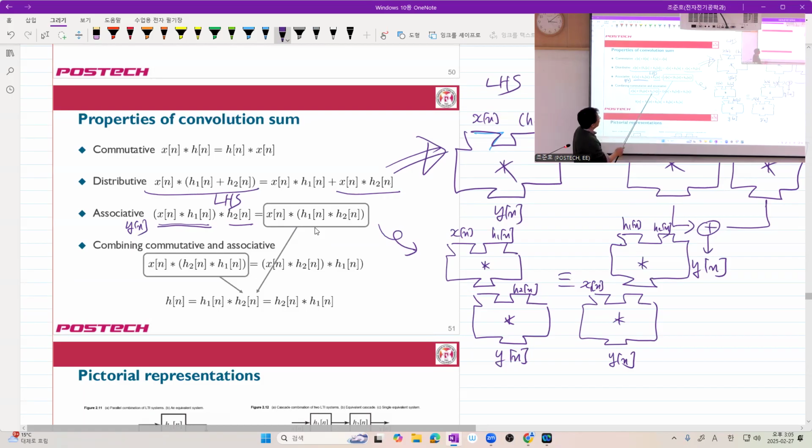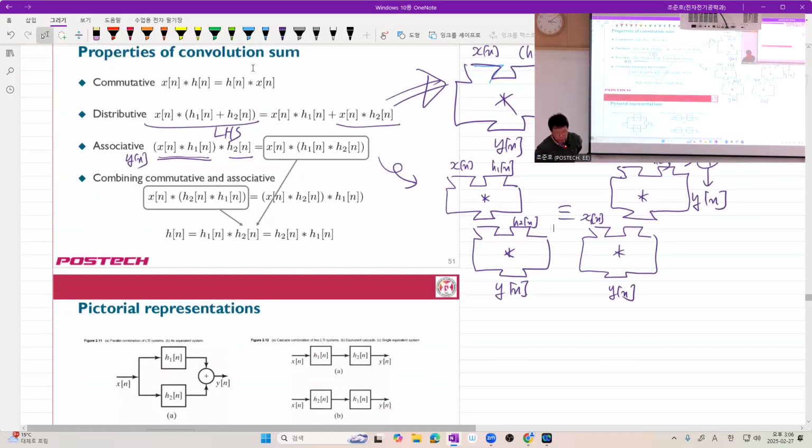So compare this one and that one. X[n] convolved with h1 and h2 convolved is the same as X convolved with h2 and h1 convolved. So you can change the order of the convolution, but you have the same result. Right? This is very interesting.